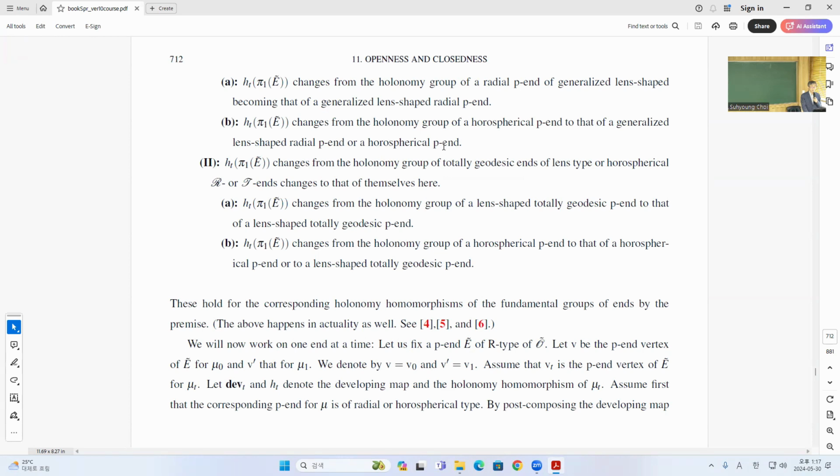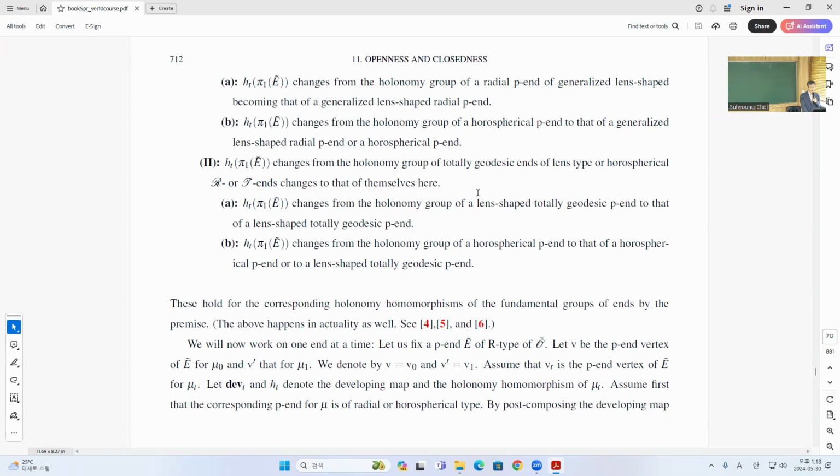Okay, so those things are all possible here. But of course radial ends can change to horospherical ends, but we don't need to consider that in the openness if we want to consider open properties. So a nearby radial end is always radial.